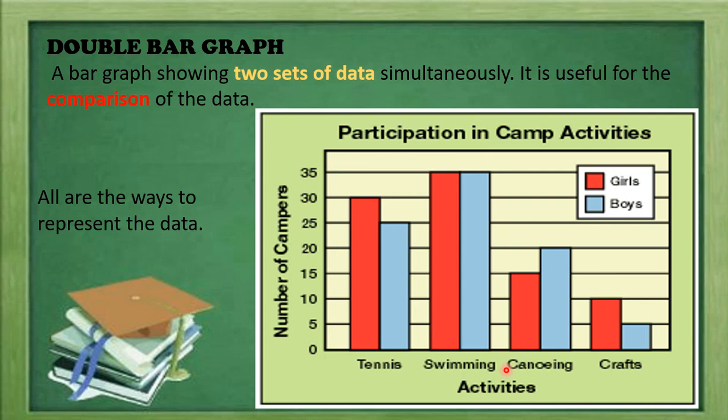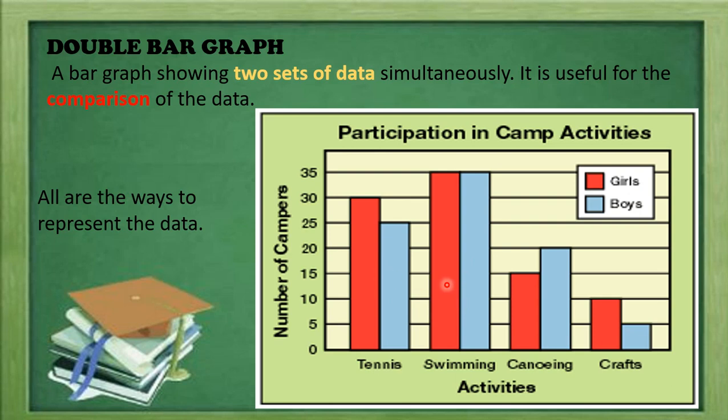So here the graph shows the comparison of the number of boys and girls who participated in the camp activities. By observing this, easily we can understand which activity has the highest participation.